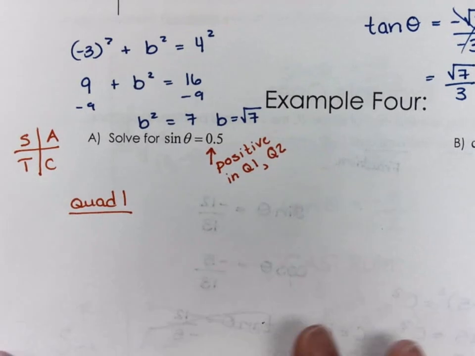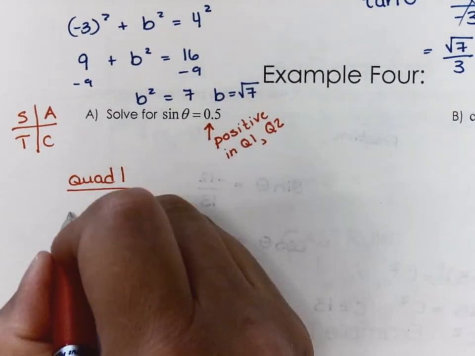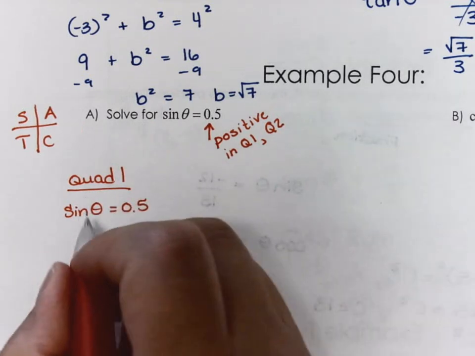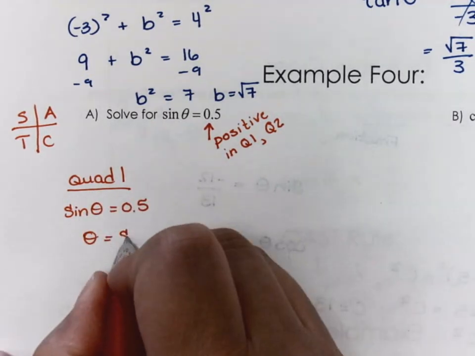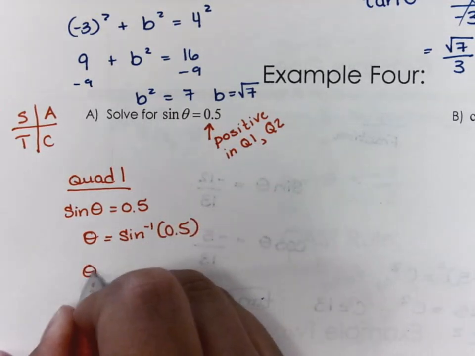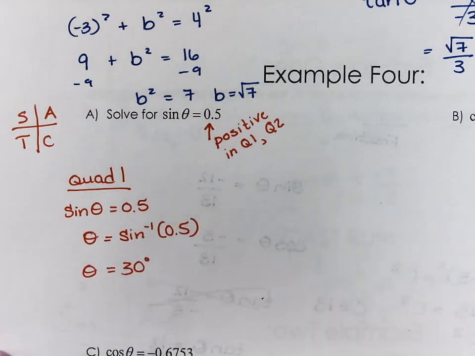And so in quadrant 1, it's really straightforward. Sine theta is equal to 0.5. And I told you how to write the notation for it. There you go. And this is also going to be on the quiz. So take a big deep breath in. This is definitely going to be on the quiz. So that's great. You've solved half of it.